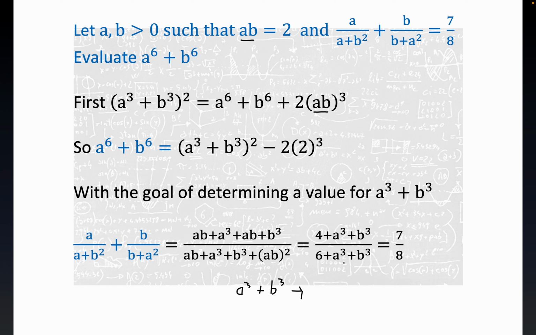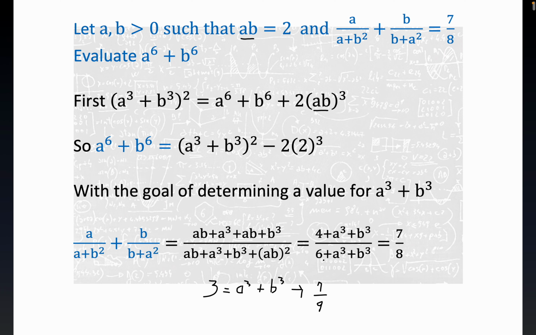If you put 3 right here, this would be 7 over 9. So you get the 7 that you want, but then you get 9. Again, if you try the obvious, a cubed plus b cubed equals 3, that implies this fraction would be 7 over 9. If you put a 3 right here, you do get 7. If you put 3 right here, you get 9.